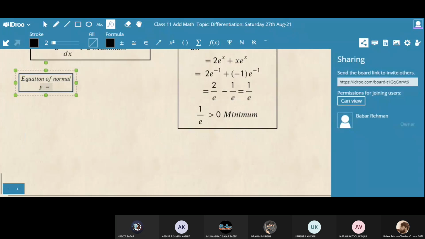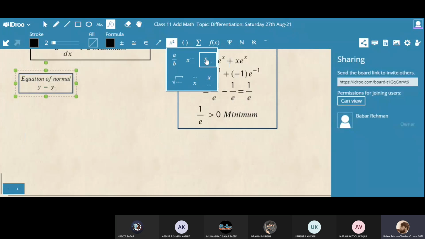y minus y1 is equal to the reciprocal of derivative, minus 1 upon m, times x minus x1. The same thing, but the derivative should be reciprocal.